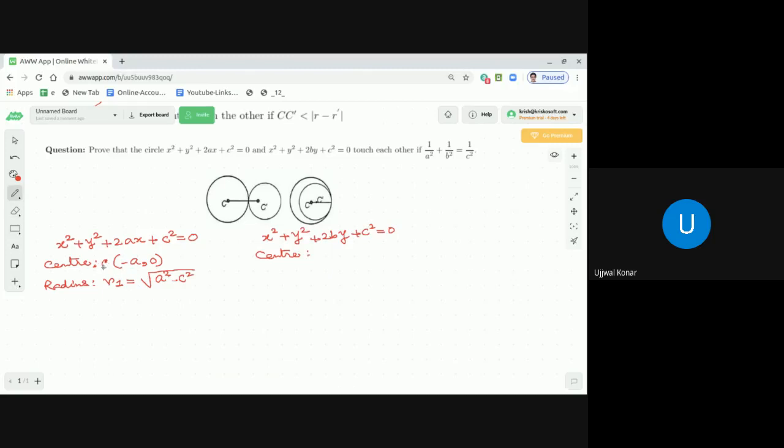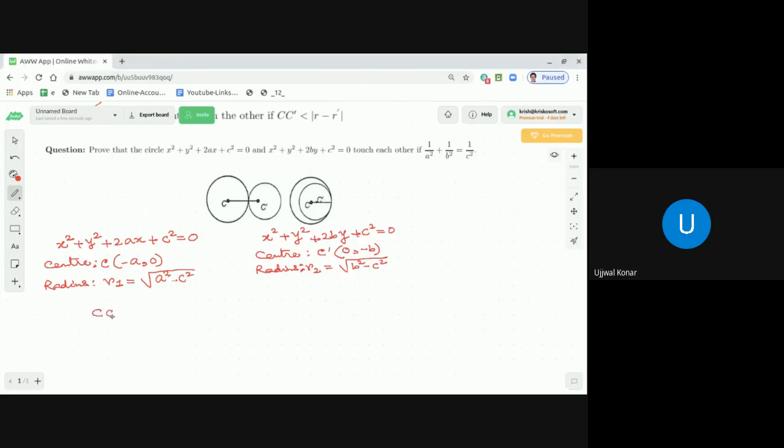So let's assume this is C and this center C dash has coordinates 0 comma minus b, and if we assume the radius as r2, then r2 should be equal to square root of b square minus c square. Now we do not know whether these two circles touch externally or internally, so you should take both the cases. Now if they are touching externally, then what is going to happen?